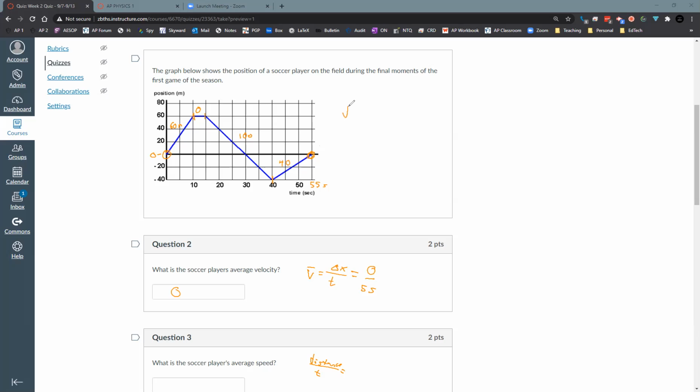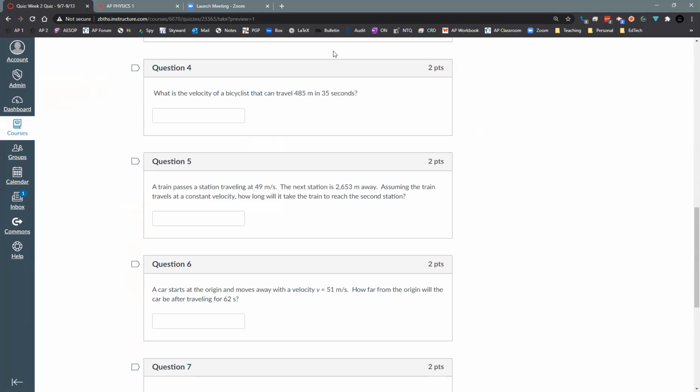So the distance is 60 plus 100 plus 40, which is 200 meters traveled in 55 seconds. That should give you an average speed of 3.64 meters per second. Again, you should not include the units in the actual typing in, but it's a good habit to think in terms of units.